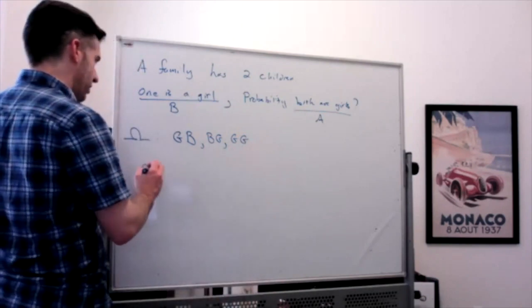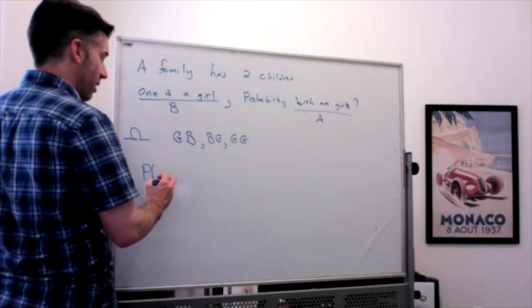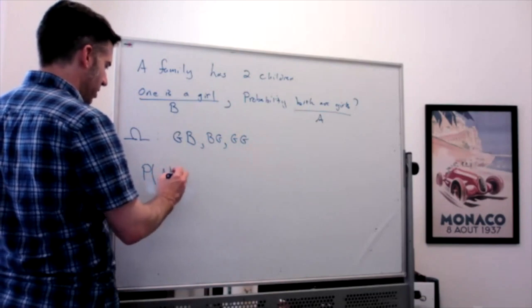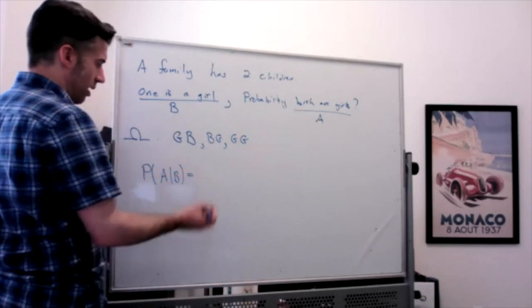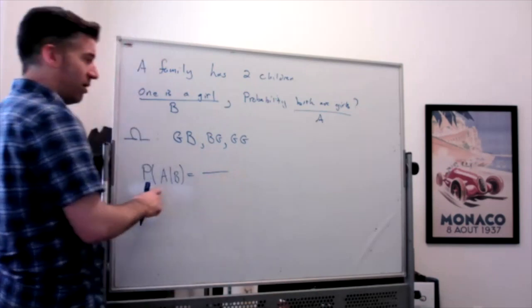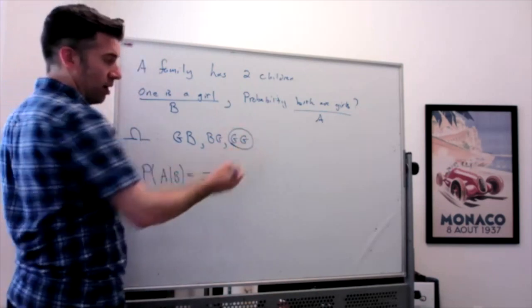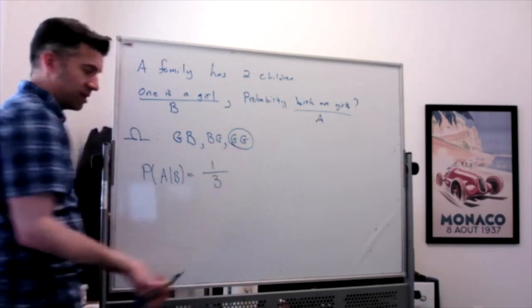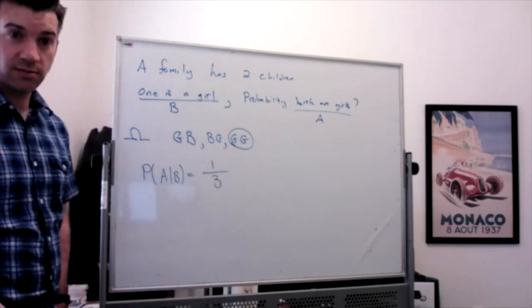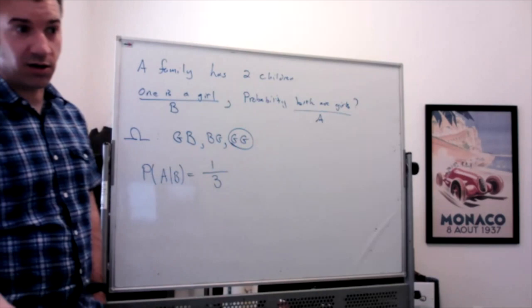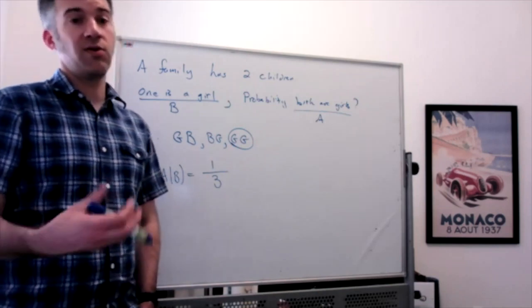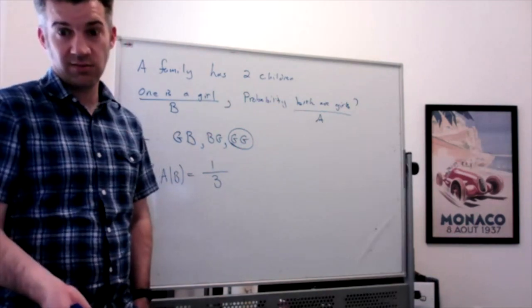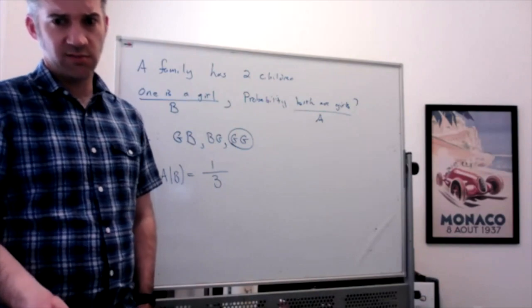So we want the probability of A given B. The only way we get both girls is this one way out of the 3 possibilities in our reduced sample space. So if you know one kid's a girl, there's a 1/3 chance that the other kid's a girl. Kind of interesting.